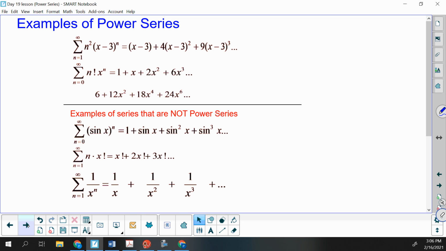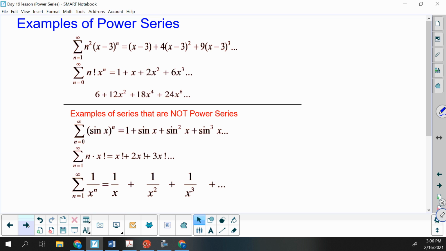To be a power series, you have to have some consistent center and then raised to successive powers, either going by ones or in some pattern. So the first 2 on top, the powers are going up by 1 each time, the third one going up by 2s. It needs to be in the parentheses x plus something or x minus something, and that represents the center of your power series.